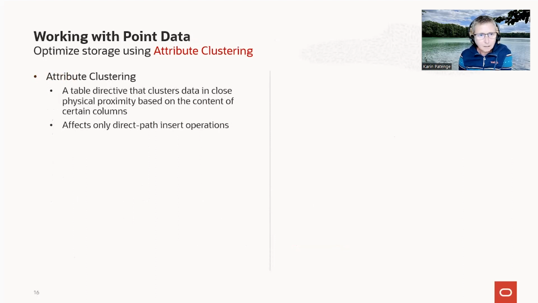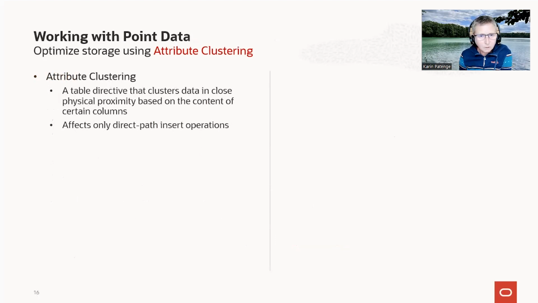One very interesting topic is how you can work with large point data sets. If you want to optimize how you store point data on your file system, then there are options.